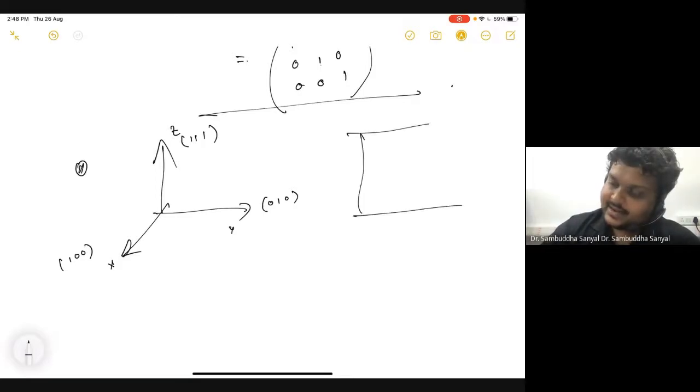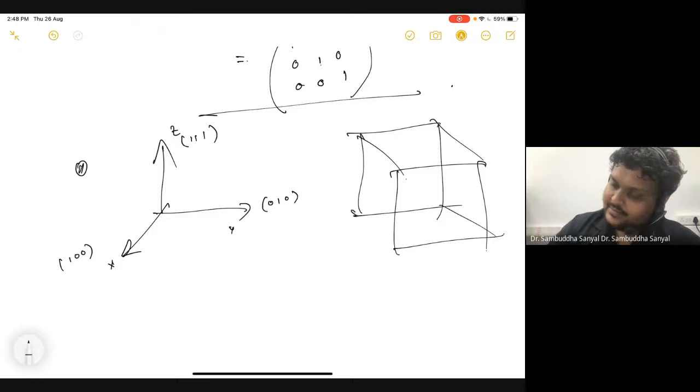For example, I can take a cube and take the line that is connecting origin to this edge. Okay. So if this is my origin, and let me declare it as my x-axis or z-axis, whatever. Let me call it my x-axis.